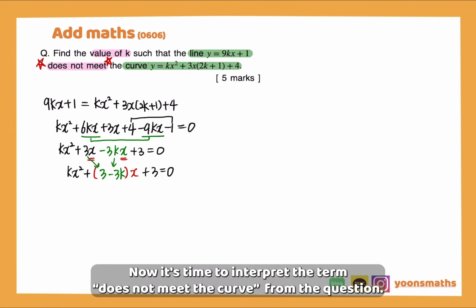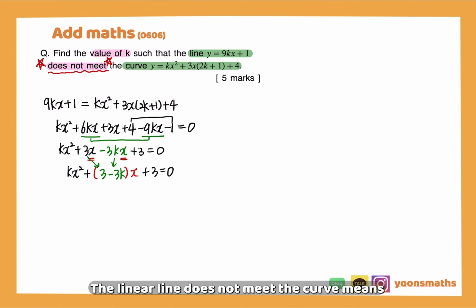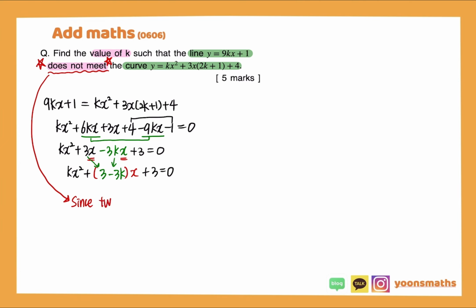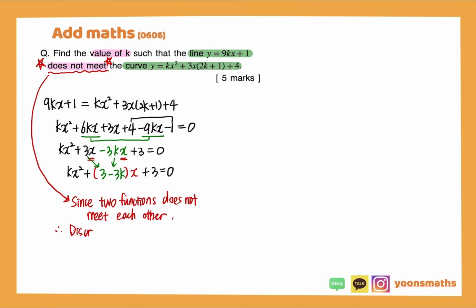Now it's time to interpret the term "does not meet the curve" from the question. The line does not meet the curve means there is no solution between the two functions. For this kind of case, we use the discriminant, which is b squared minus 4ac, to determine the solutions.